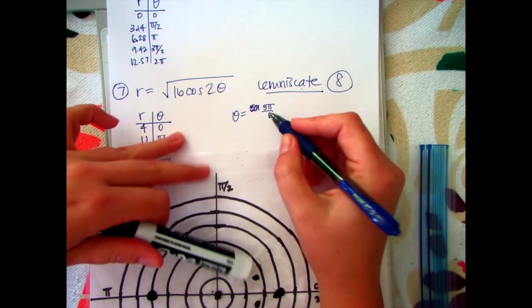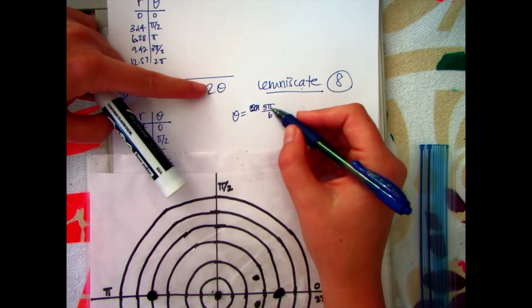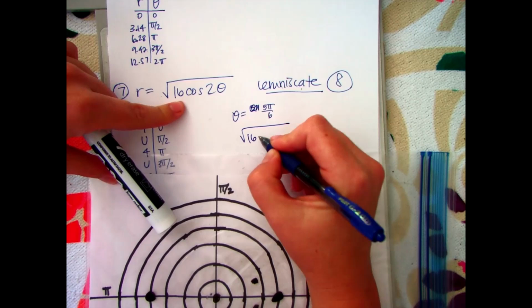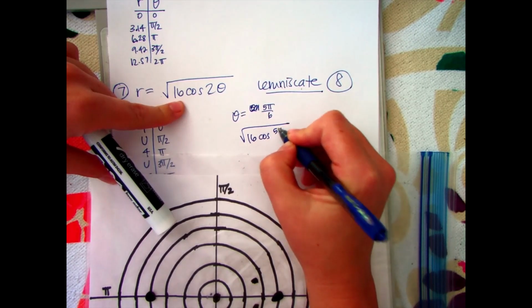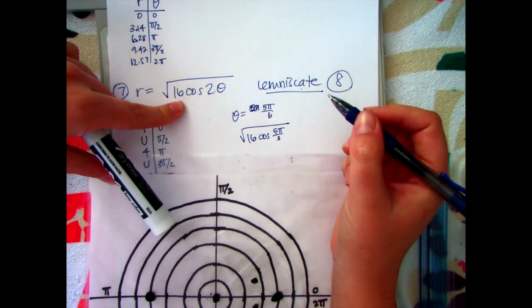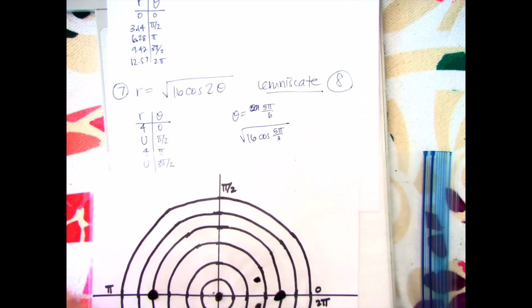Okay, so I'm substituting in 5 pi over 6, which is 2 times 5 pi over 6, 10 pi over 6. So really, it's the square root of 16 times the cosine of 5 pi over 3. Right? No. Why can't I do math, you guys?